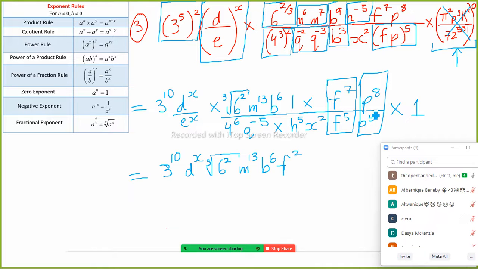P to the 8 and p to the 5. What can we turn that into? They have the same base and we're dividing. So what can we do? P to the 8 divided by p to the 5.